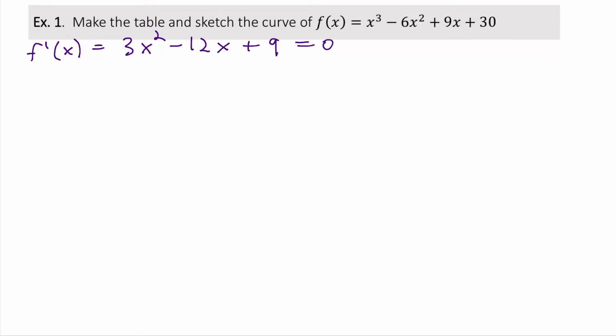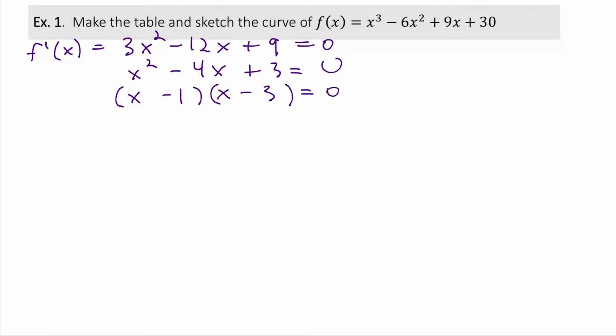So I can divide by 3, and then I could factor this. If you can't factor it, then you would have to use the quadratic formula. So I can see that I've got 2 critical values for this function here.